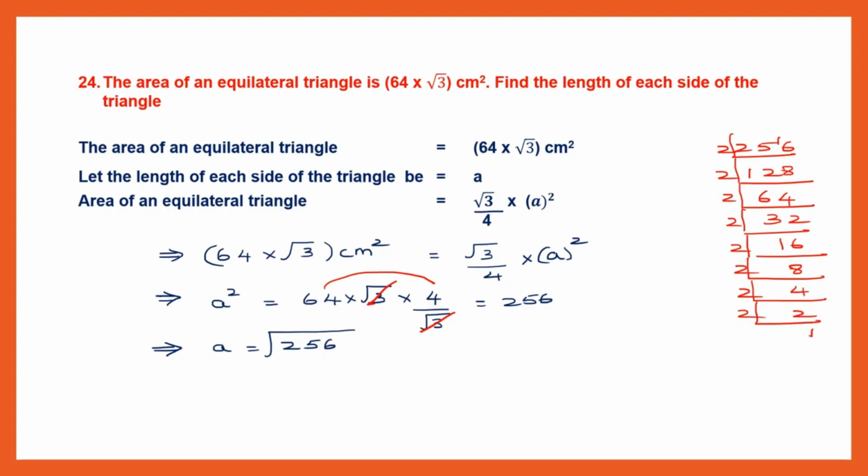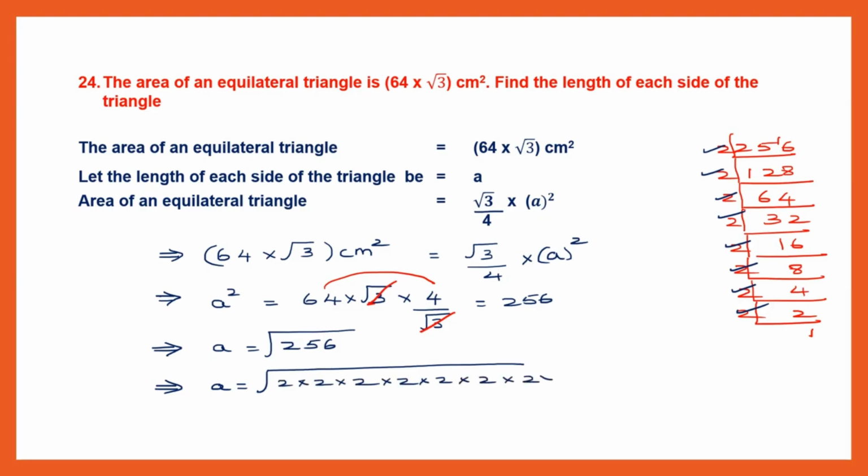So now how many 2's do we have? 1, 2, 3, 4, 5, 6, 7 and 8. So let's write that here. So A is equal to the square root of all these. There are 8 2's.